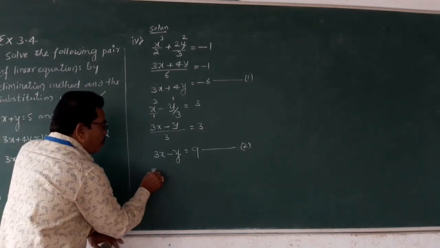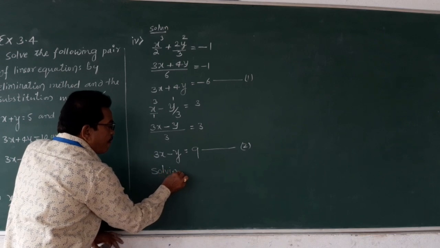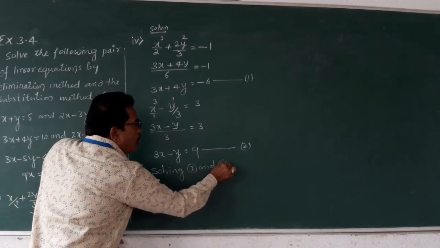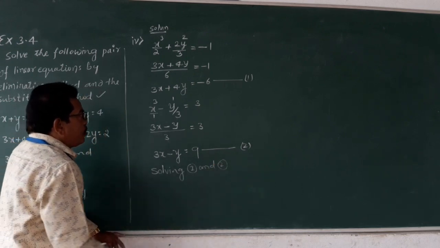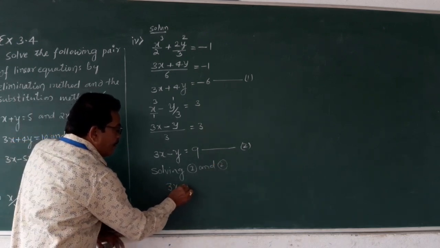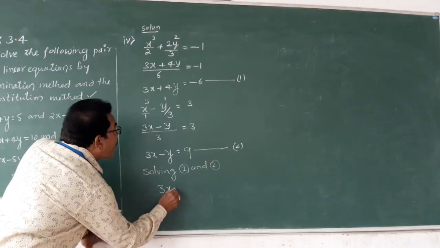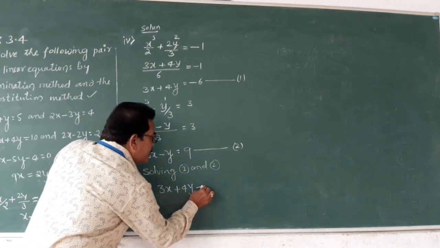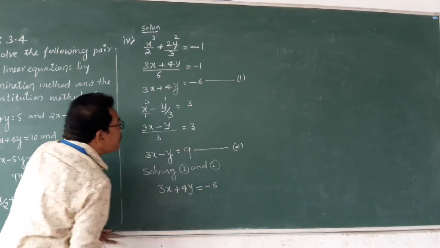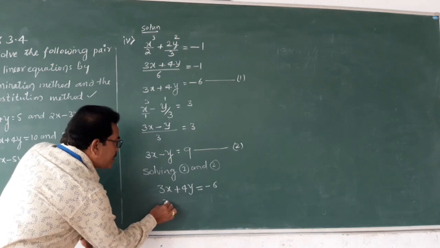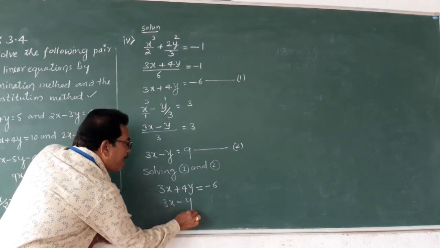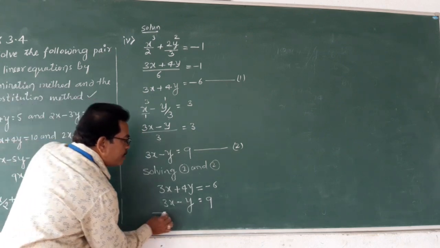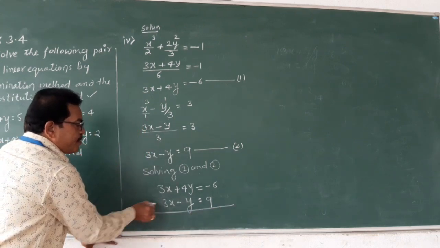Now solving 1 and 2. 3x plus 4y equals minus 6, and the second one, 3x minus y equals 9. See, here the coefficients of x are the same.